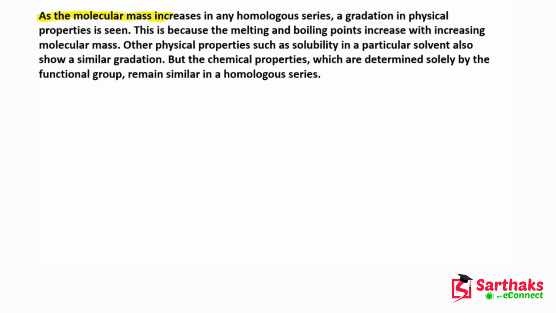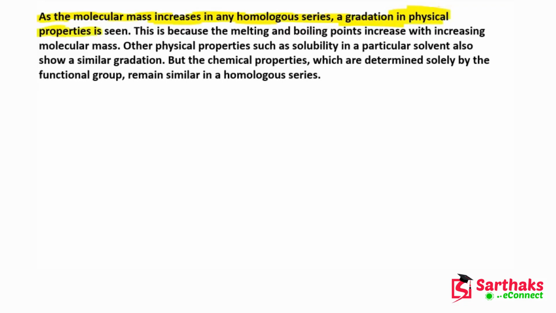As the molecular mass increases in any homologous series, a gradation in physical properties is seen. So basically guys, the chemical properties can be identified by the functional group, but the physical properties depend on the molecular mass.